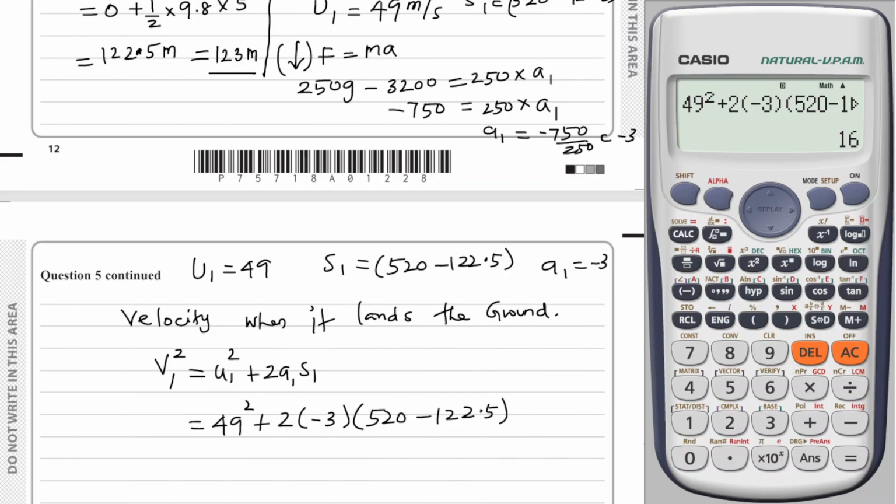We are getting the answer as v1 squared is equal to 16. So v1 is equal to the square root of 16. Our answer will be 4 meter per second. So that is the second answer.